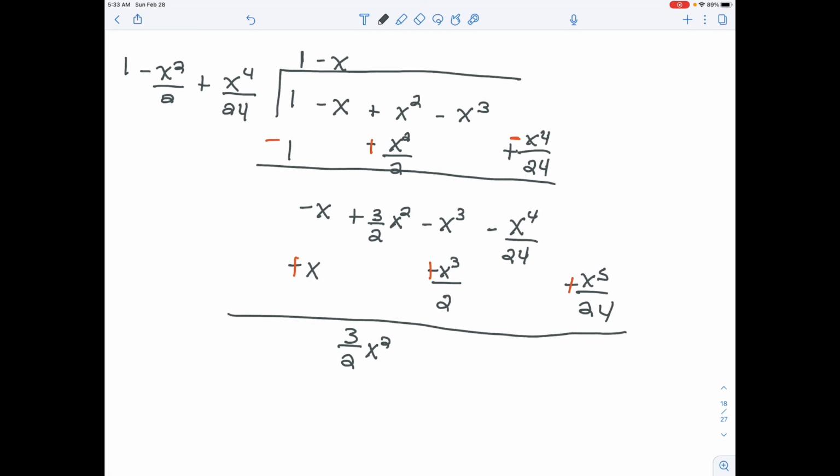And what can I multiply by 1 to get 3/2 x squared is 3/2 x squared. So this is all I need as my answer because I'm only going 3 terms. Okay? So that is my answer.